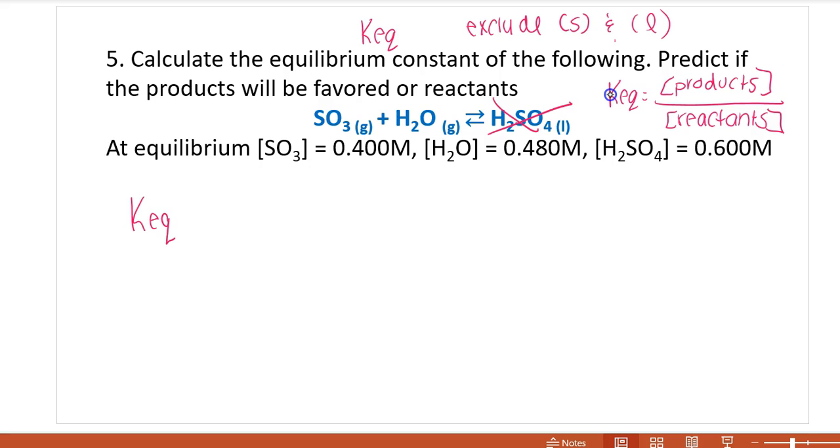Well, I don't have any products because I crossed out my only product because it was a pure liquid. So we're just going to put 1 there. Reactants are going to go in the denominator. And remember, if you have more than one reactant or if we had more than one product, we would multiply them together.